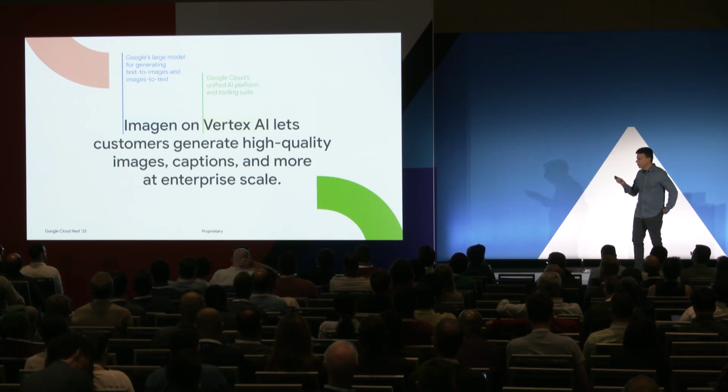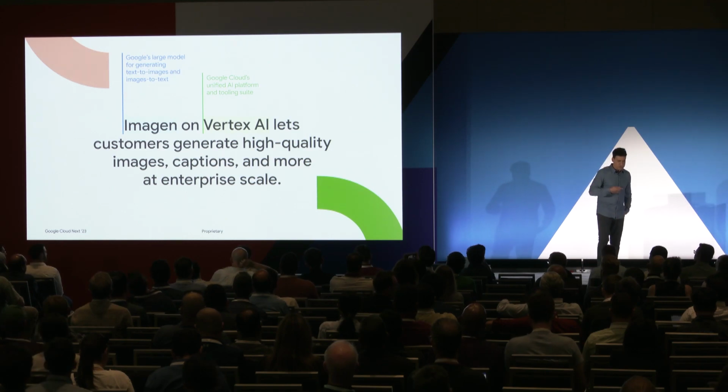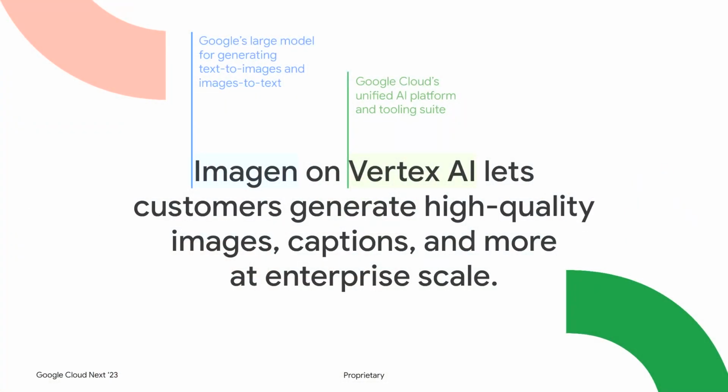Now, next, I wanted to talk about Imagen. Imagen on Vertex AI lets our customers innovate and create very high quality images. Not only create images, which is going from a text to an image, but also starting with an image and generating a caption or understanding what the image says, and many more things, including video. Video descriptions, which we announced this week.